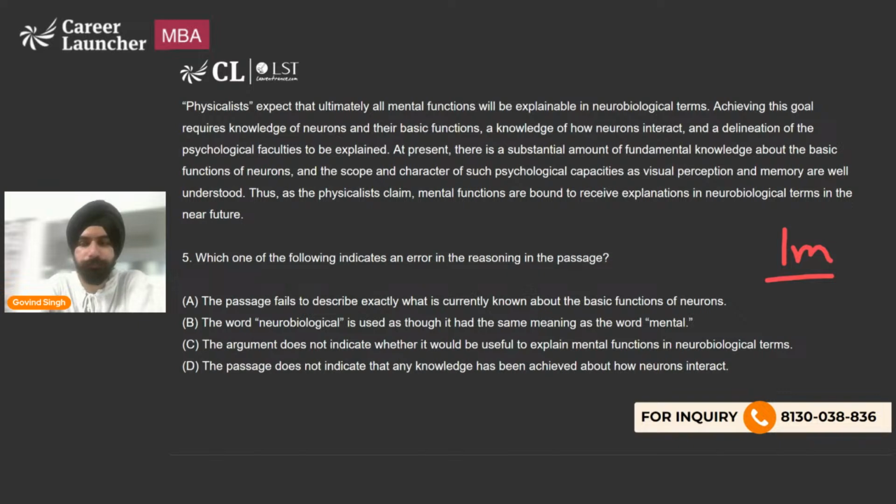Question number 5. So you have to tell the error in the reasoning, the flaw in the reasoning.